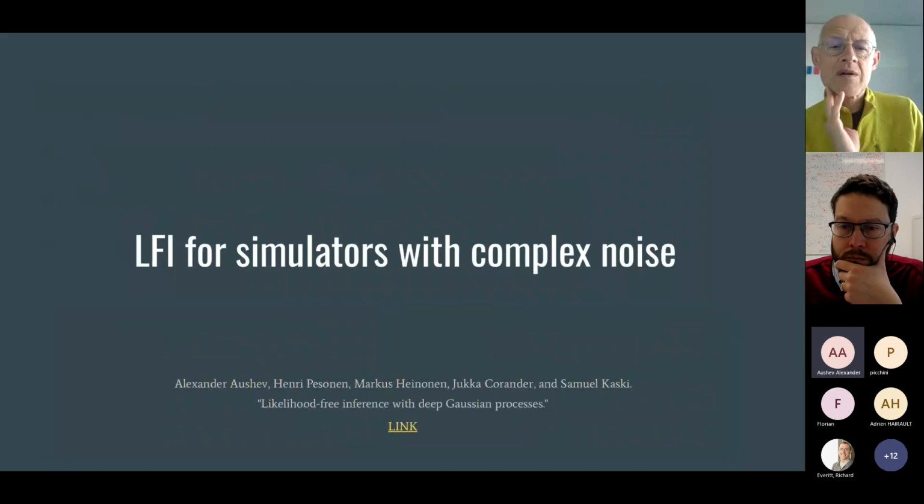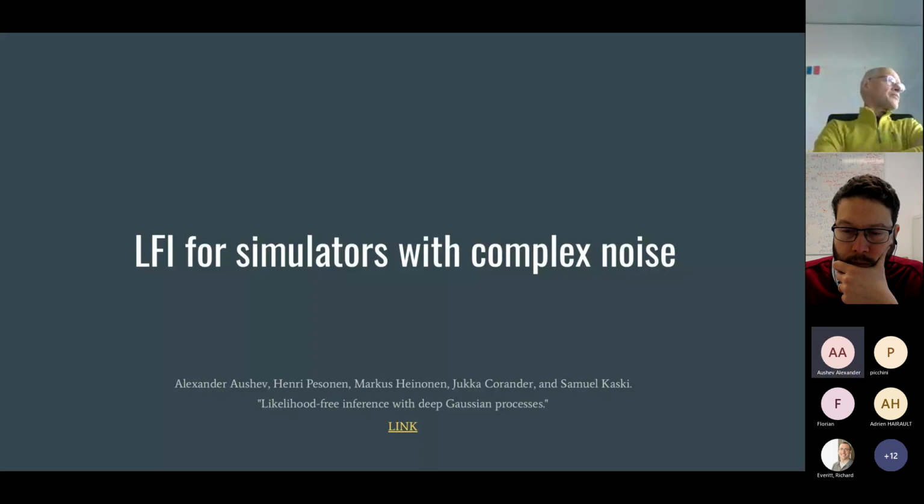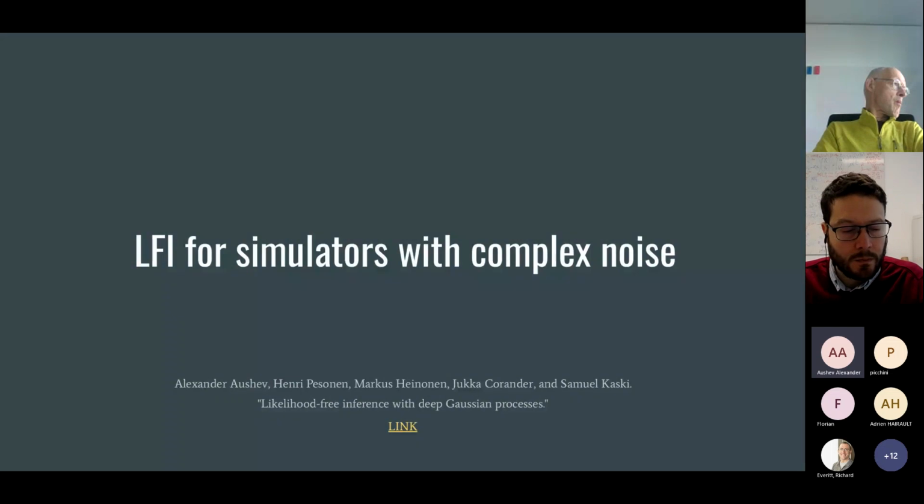Starting with the first one, this part of the talk is roughly based on our joint paper with Henri Pesonen, Markus Heinonen, Jukka Corander, and Samuel Kaski. It's called likelihood-free inference with deep Gaussian processes. So that's already a spoiler in the title.